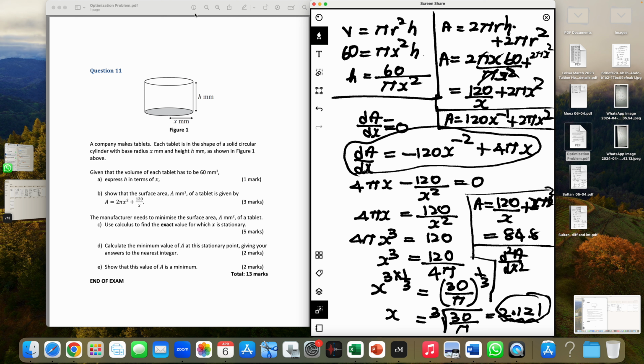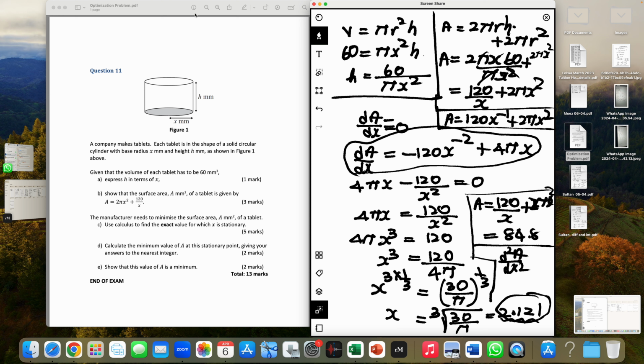So 2 pi x times h, where h is 60 over pi x squared. Why are we doing this? Because we want to eliminate h. So 2 pi x times 60 over pi x squared. Pi will be cancelled, x over x, so 120 over x plus 2 pi x squared.